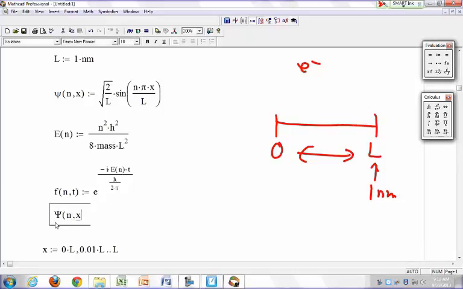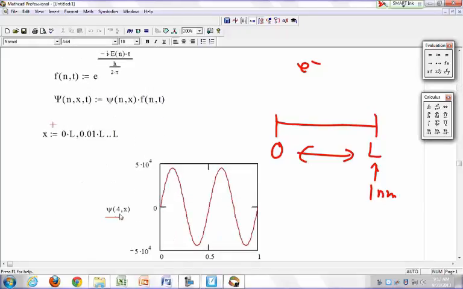This will be dependent on x and time. So this is equal to the part that depends on x, which is y, Control G, and x, little psi. The part that depends on coordinates times the part that depends on time, which is f, and comma t.